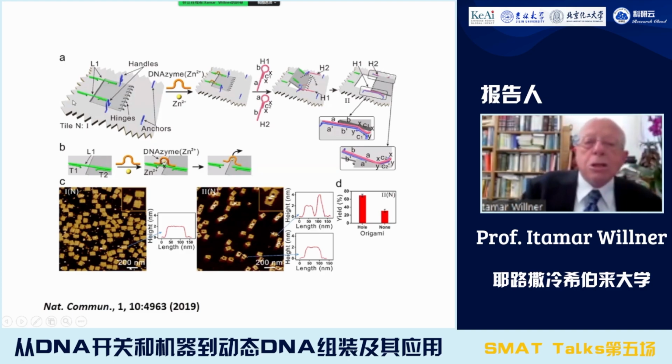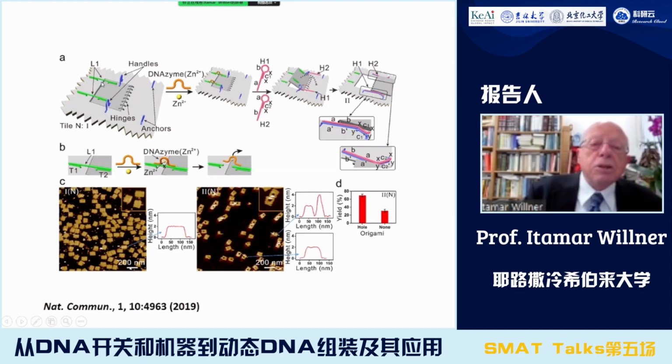Now, how does this nano window on the origami tile operate? We have an origami tile. It includes a pattern of DNA that has here hinges made of DNA. The window is locked on the origami tile using two locks, L1 and L2. The window has two handles, and these two handles will help us to open the window.